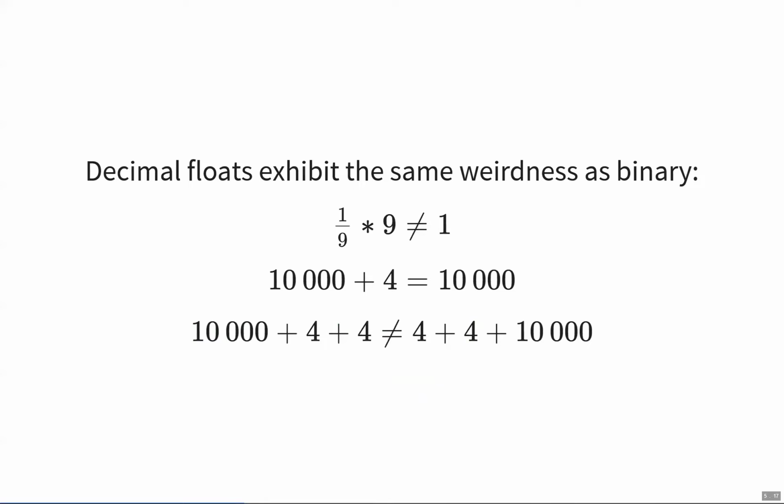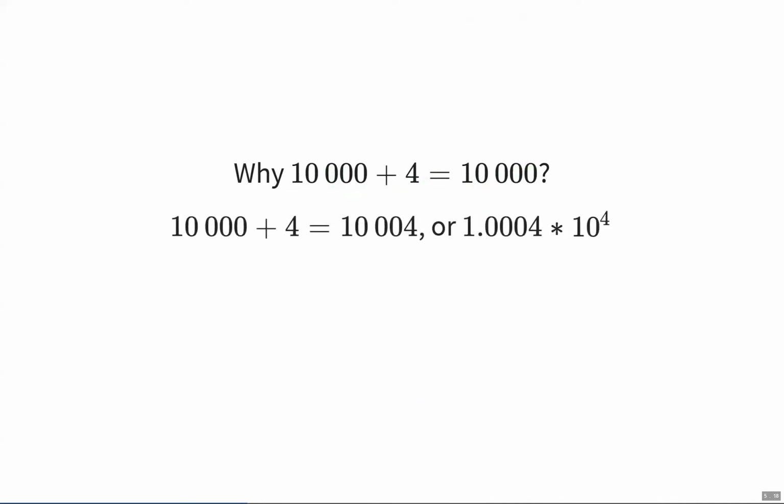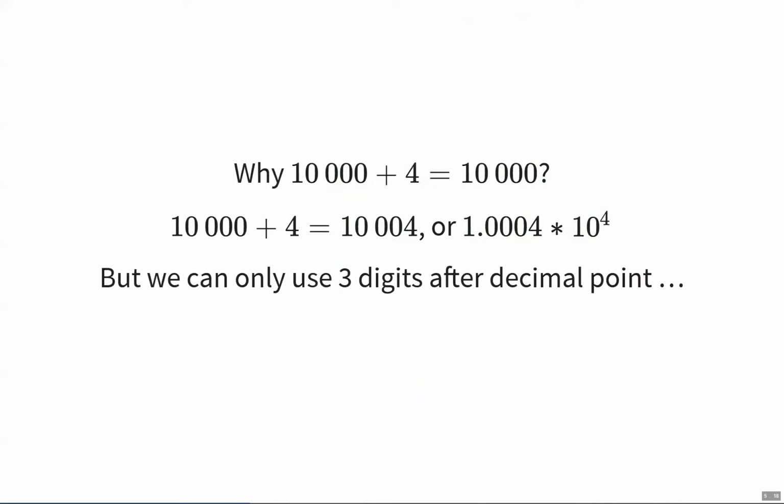Let's take a look at why. We will start from this one because this is the simplest one. Why does it happen that 10,000 plus 4 is still 10,000? Well, what we get when we sum them is actually 10,004, which is, in our format, 1.0004 times 10 to the power of 4. But we do not have those digits.